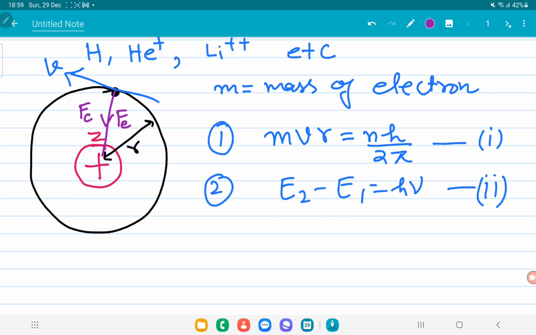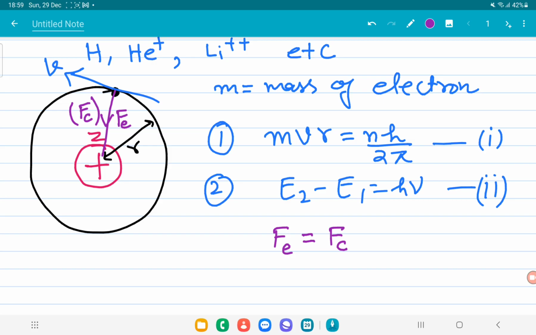According to Bohr, and earlier Rutherford was also saying the same thing, the electrostatic force between the electron and the nucleus provides the required centripetal force. That simply means the force of electrostatic attraction is equal to the centripetal force.